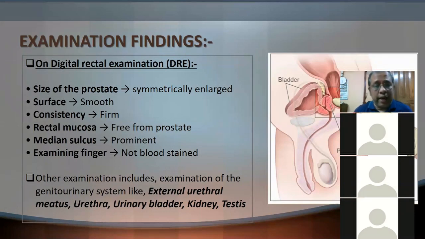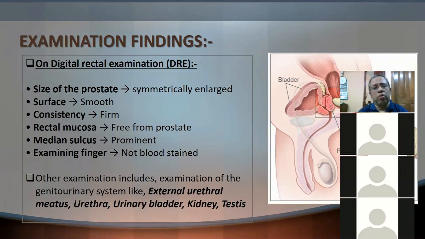So by DRE, what are the things we examine? First thing is the size of the prostate. Whenever you put the finger inside the rectum, you can rotate anteriorly. Just in front of the rectum, the prostate lies.